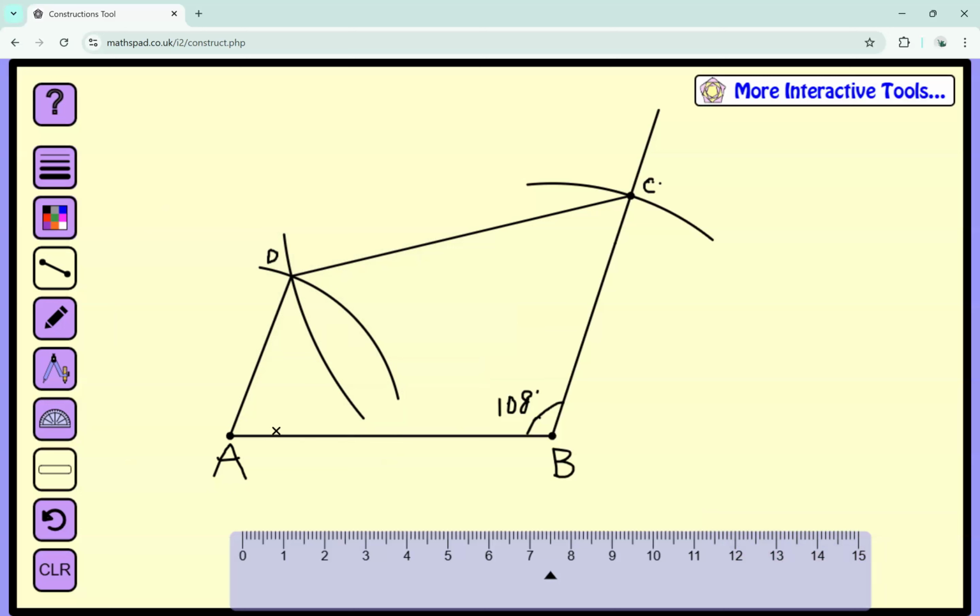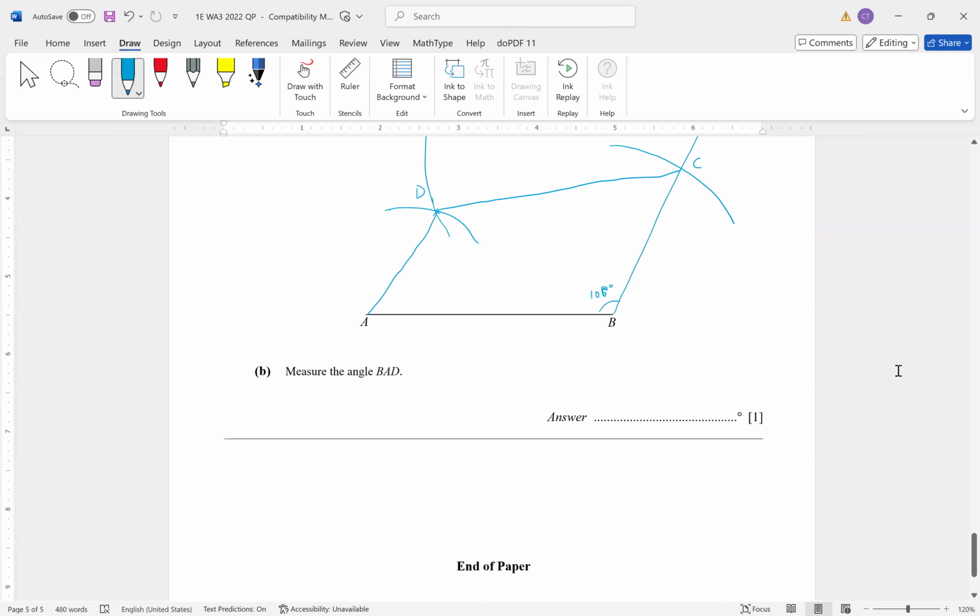So you should get somewhere around there, 65 to 67 degrees should be fine. Let's go back to this screen over here.